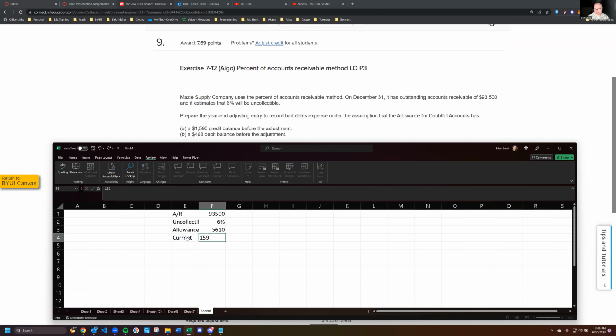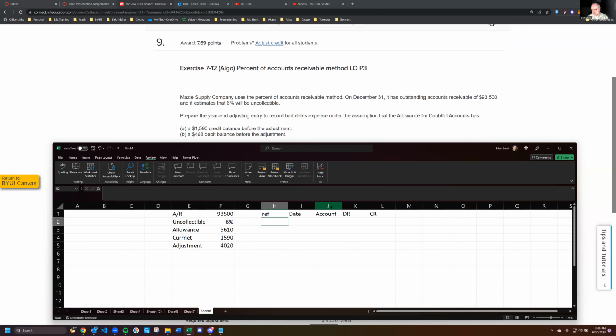So let's say the current is 1,590 and we're going to assume it's a credit because that's what it always is. Then the adjustment is going to be the difference, the allowance minus the current amount. So let's put that over here so we can do this separately. Reference, date, account, and debit, credit.